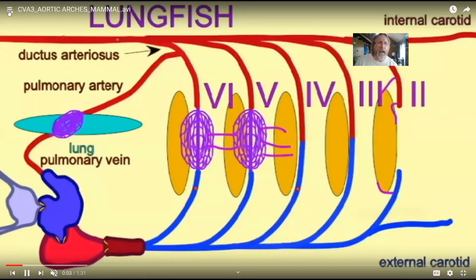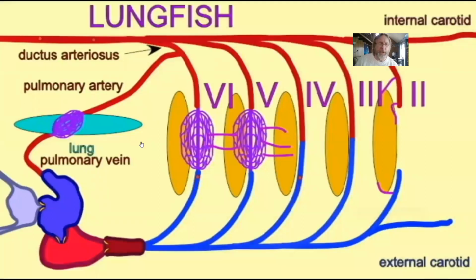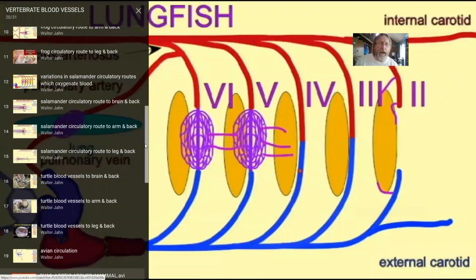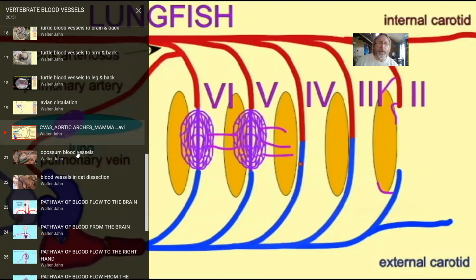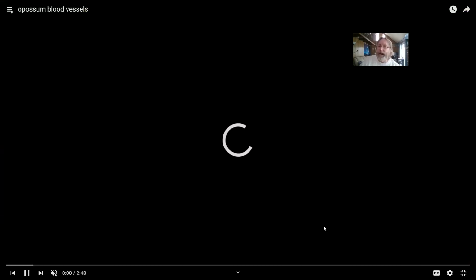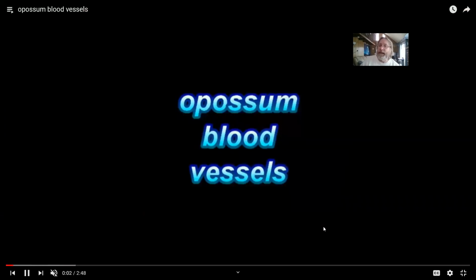And so when we consider then the circulation from the legs coming from the opossum or the cat or the human, the common iliac vein empties directly into the inferior vena cava, which will then run to the right atrium of the heart.